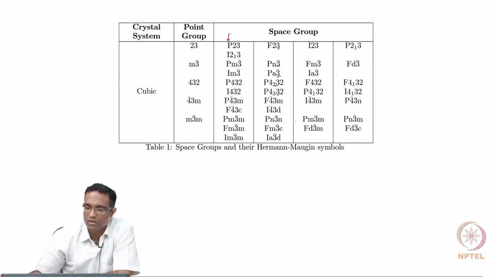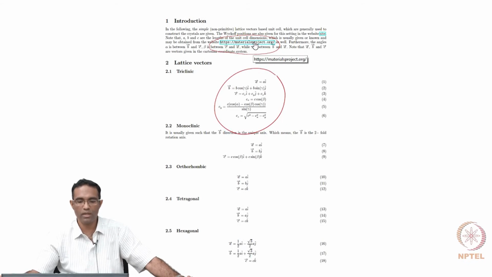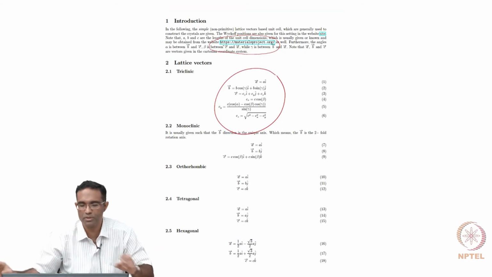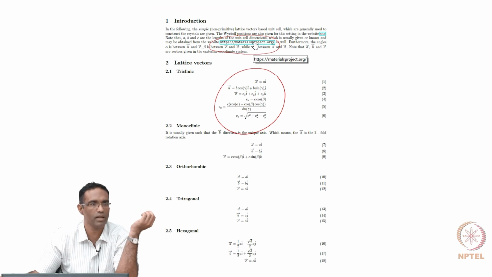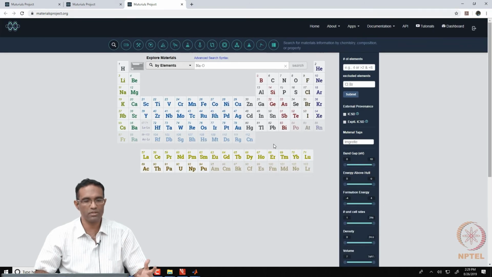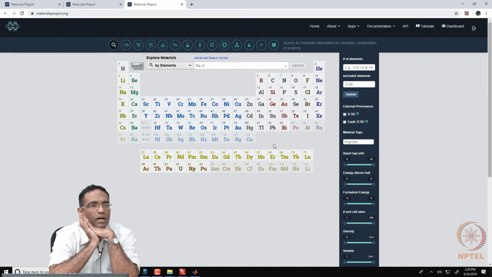We will now look at how we can actually look at some of the materials and the corresponding space groups. One of the websites that I found extremely interesting is materialsproject.org. I think some of you may already be familiar with this website. If you're not, you can go and explore. It is really amazing. You first have to create a login and sign up.